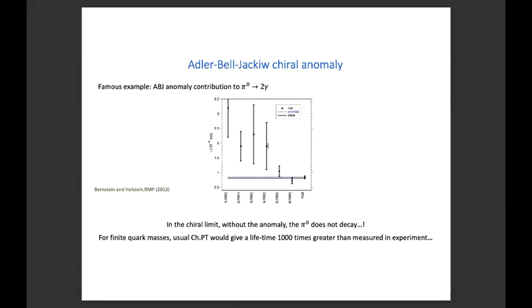In the chiral limit, without the anomaly, the pi naught wouldn't decay. And for finite quark masses, if you just did chiral perturbation theory without including the anomaly, that would give a lifetime 1,000 times greater than what's measured in the experiment. So the fact that the pi naught decays and you measure its rate tells you the existence of topology in nature.